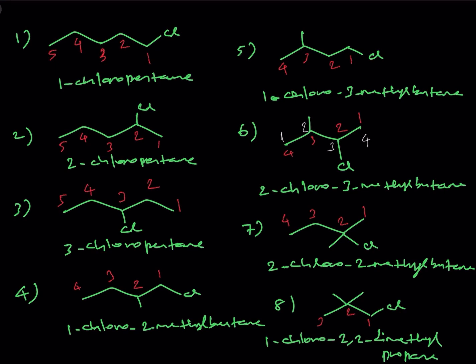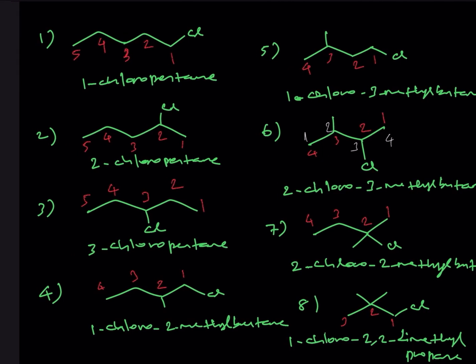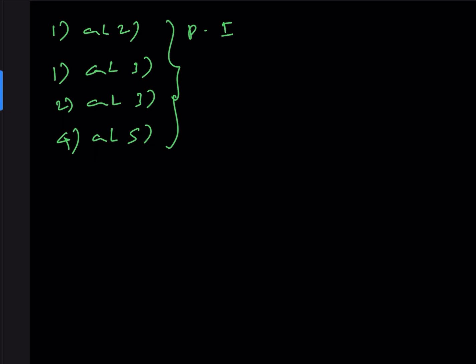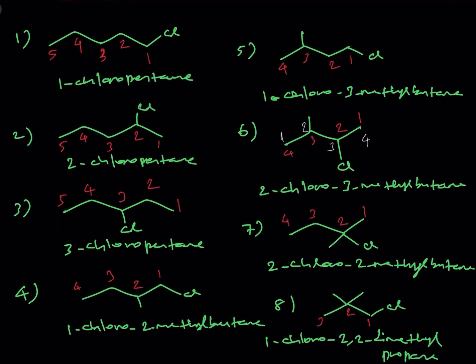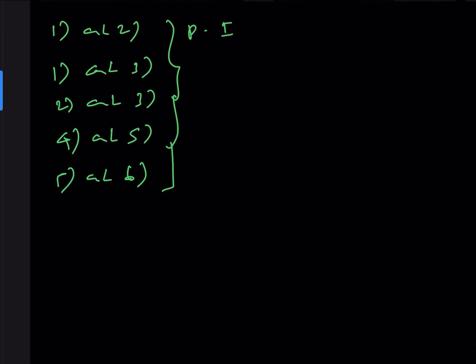How about 5 and 6? 5 and 6 are also position isomers, due to the chlorine. Okay. Now, how about 4 and 7? 4 and 7 are also position isomers.